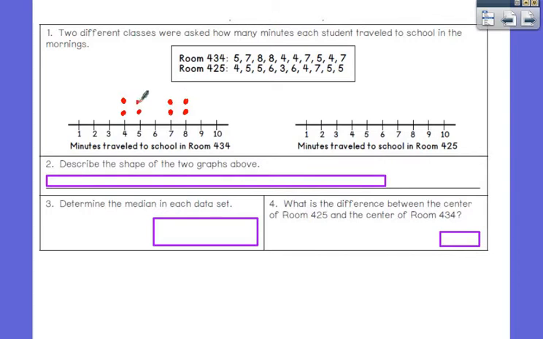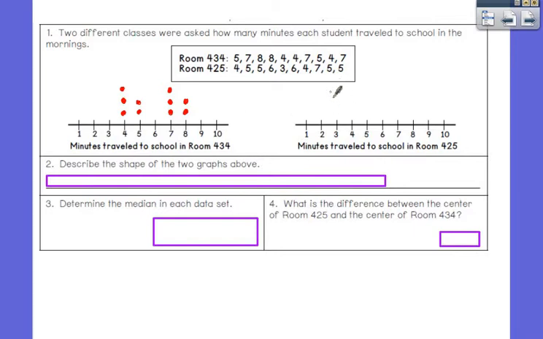Another 5, so I'm adding to that. Another 4. And then lastly another 7. Alright, I have 10. 1, 2, 3, 4, 5, 6, 7, 8, 9, 10. So I plotted all the dot points for room 434.